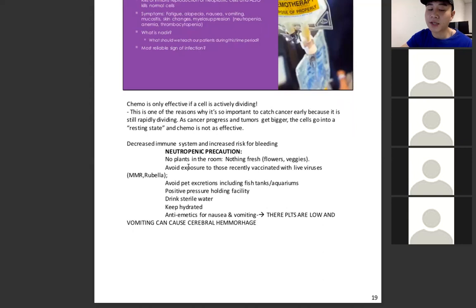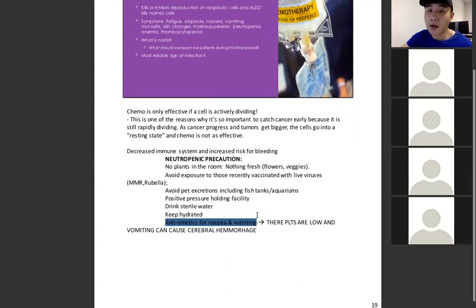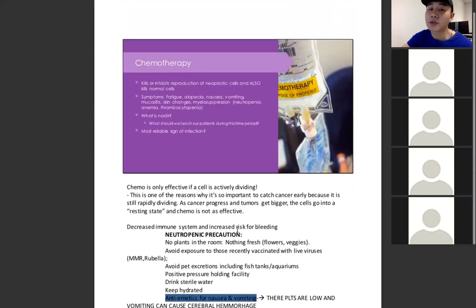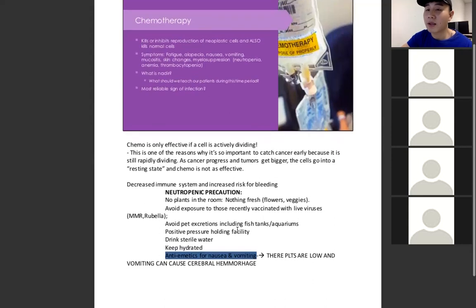anti-emetic for nausea and vomiting. Their platelets are low and vomiting can cause cerebral hemorrhage. That's also important because these patients having chemotherapy are at severely high risk for nausea and vomiting.